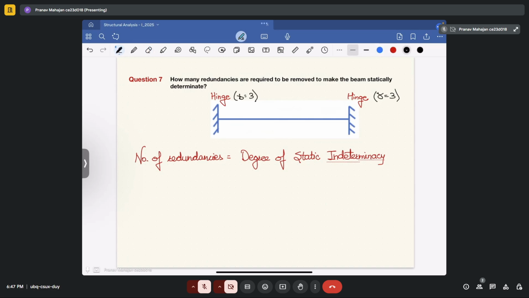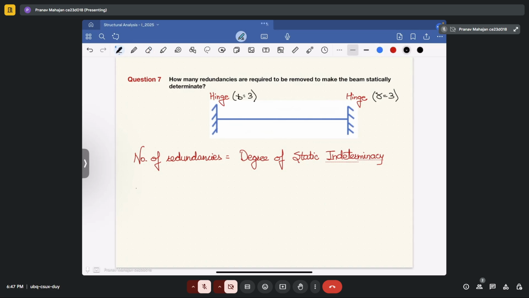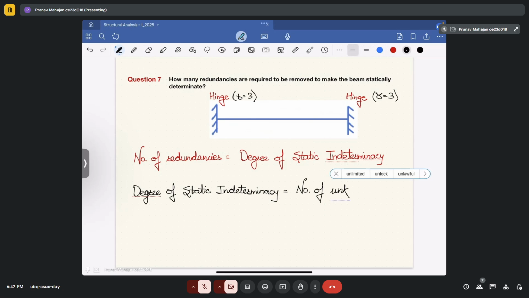So your degree of static indeterminacy will become the number of unknown reactions minus the number of equilibrium equations.